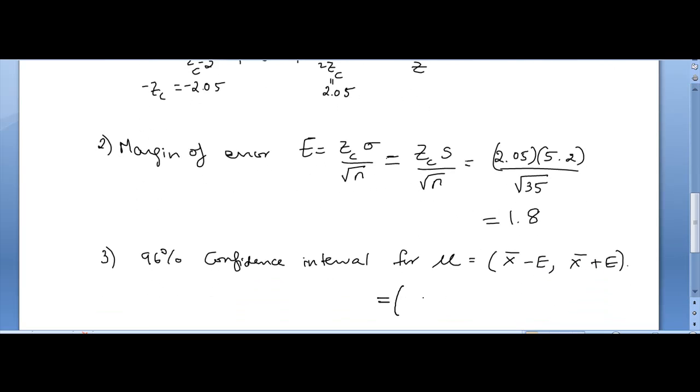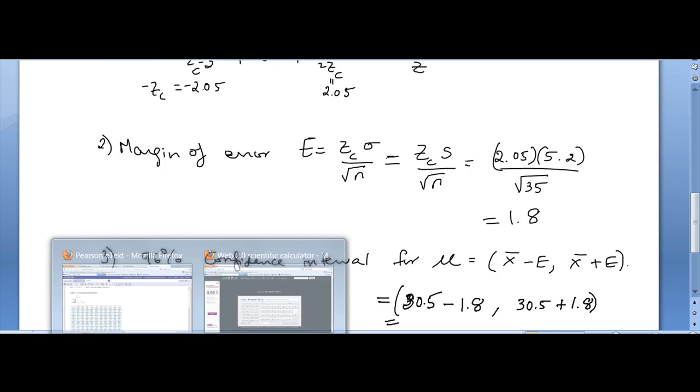X bar is given to be 30.5, if I remember correctly, yes, 30.5, and the error that we just found is 1.8, so 30.5 minus 1.8 and 30.5 plus 1.8. If we go back to a calculator, we can easily get that.